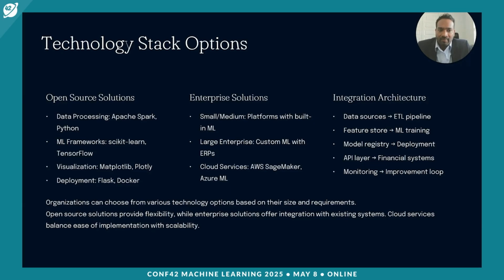So you build your data pipelines for ETL from data sources. You need to build a feature store for training your ML model, and then a model registry for deployment. And also think about any other API layers that you have to build to connect to front-end systems. So in case of financial services like an investment bank, we build those API layers to your trading systems.